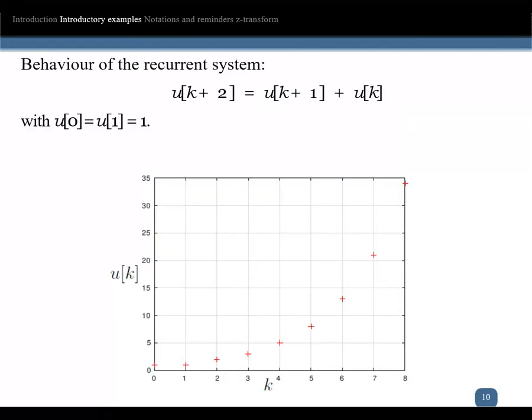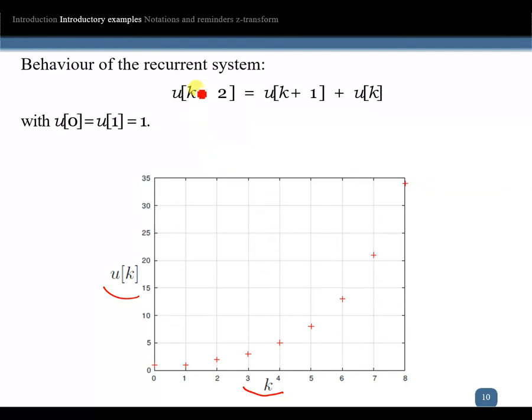Here is some example. If your system is u(k plus 2) is equal to u(k plus 1) plus u(k), with some initial values u0 equal to u1 equal to 1, you can compute u(k) based on the instant k.